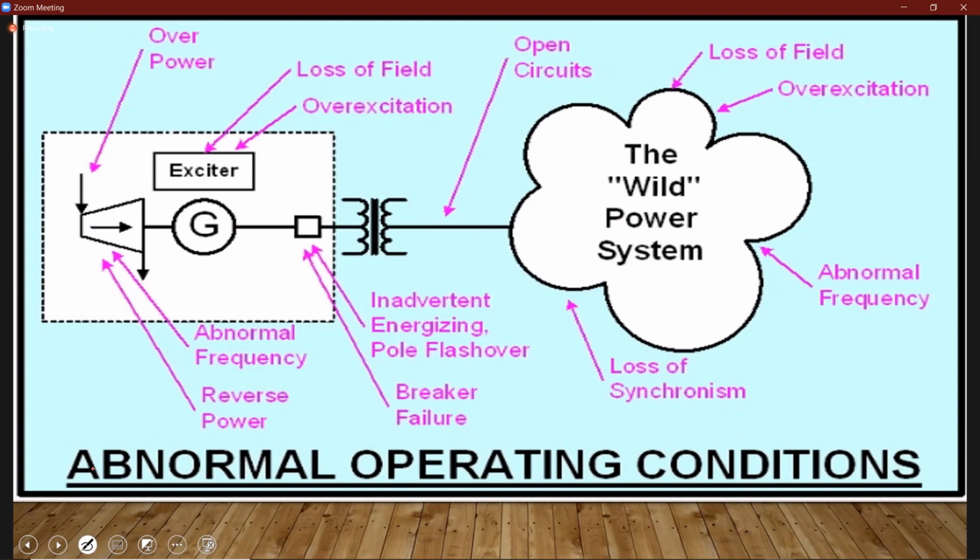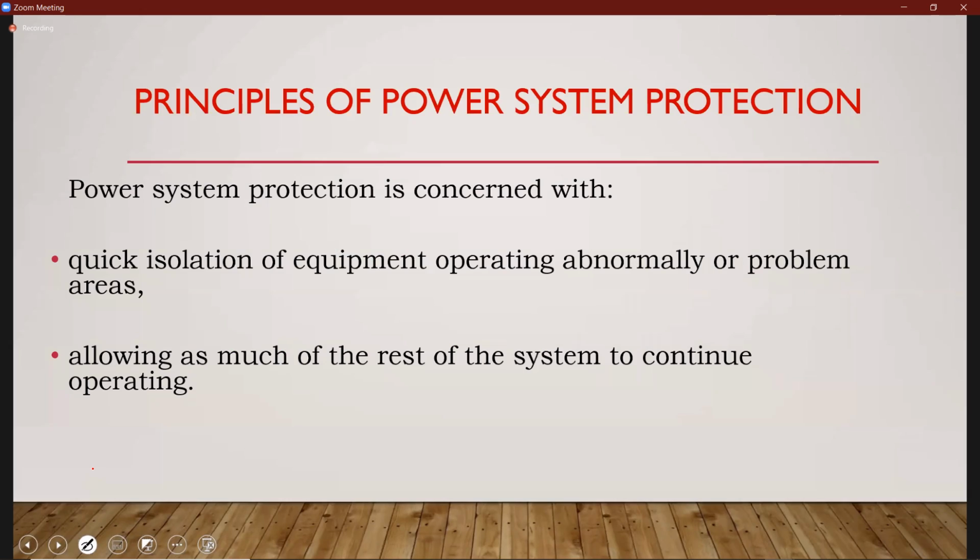All right. So in essence, that's what it's all about. All right. So by definition, it deals with quick isolation of equipment operating abnormally, right? Or isolation of problem areas.